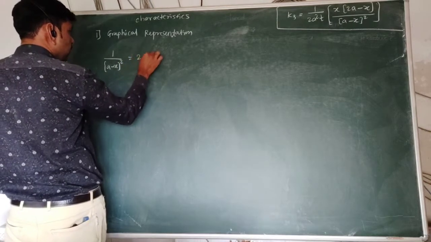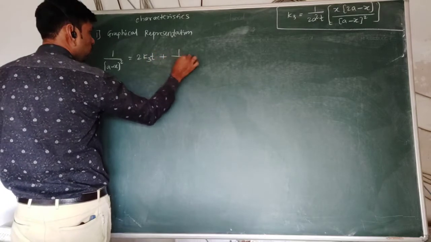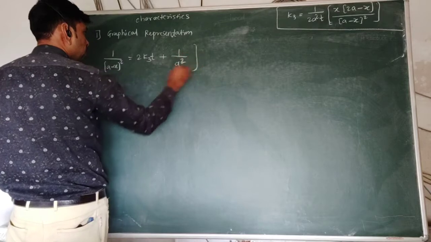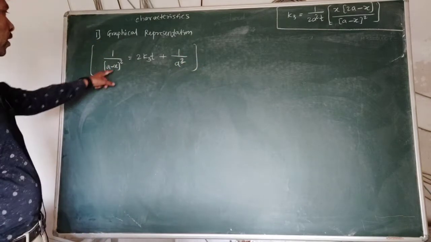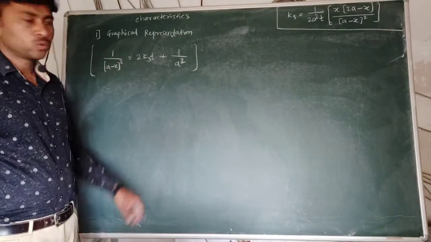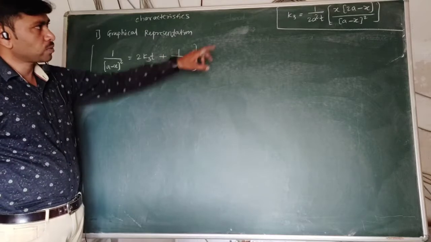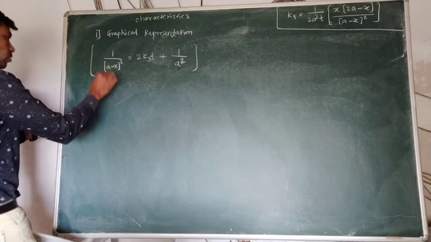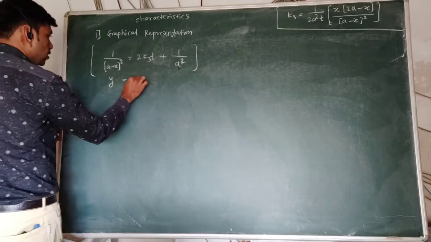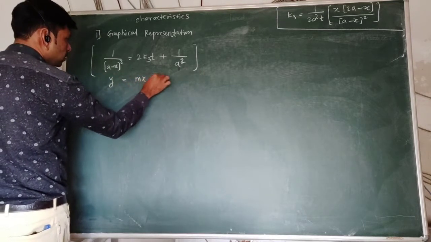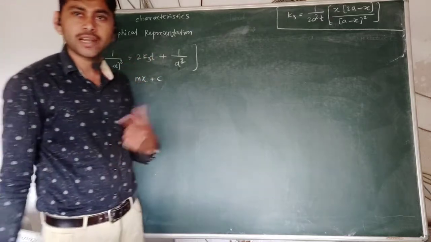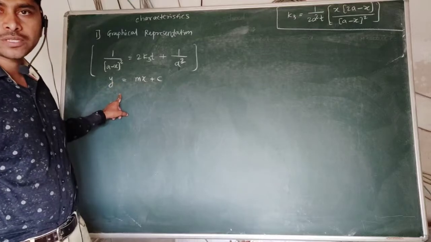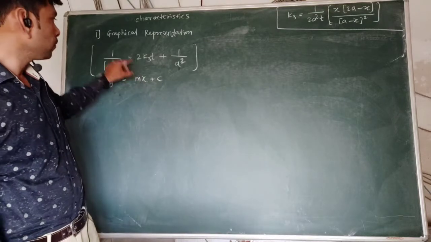By rearranging this equation, we obtain the form 1 upon a minus x bracket square equal to 2 k3 t plus 1 upon a square. We compare this form with the equation y is equal to mx plus c, the equation of straight line, which is the important equation for graphical representation.